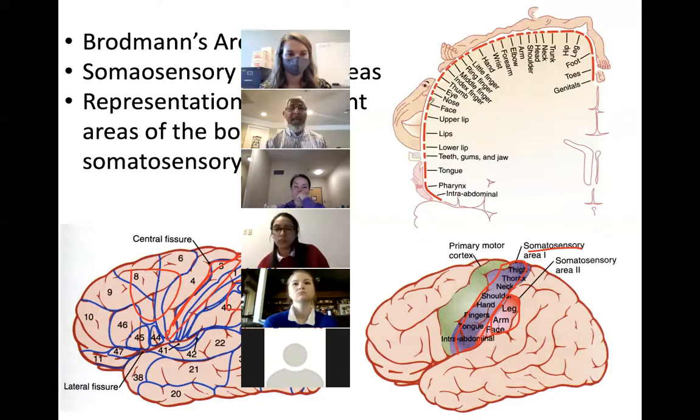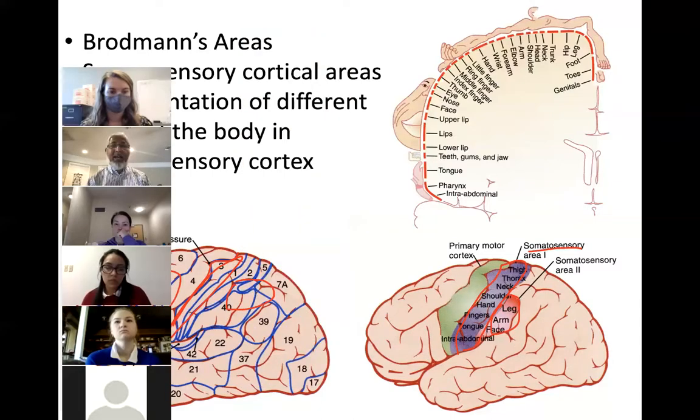Now, another important thing is that the area represented in the brain is not dependent on the size of the part of the body, but rather on which part does fine function. As I am talking, you see how many things are moving: my tongue is moving, my larynx is moving, very fine movement.